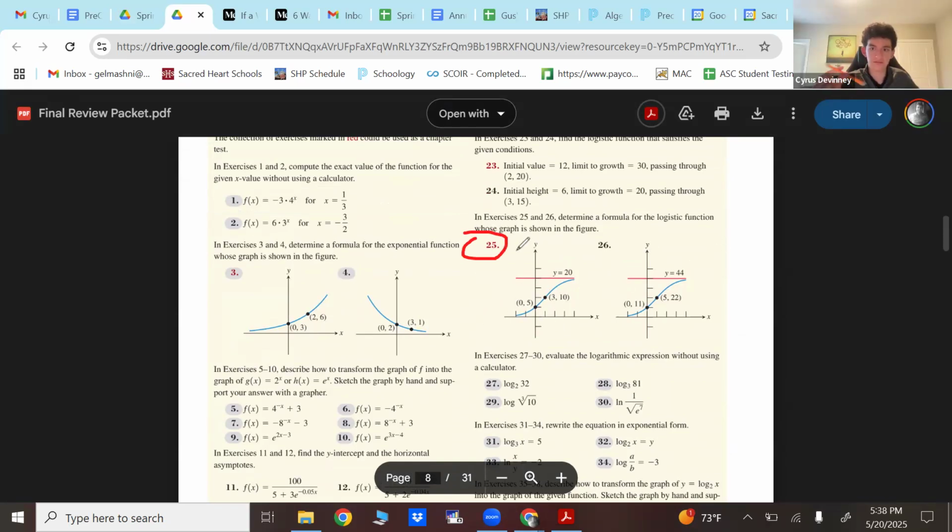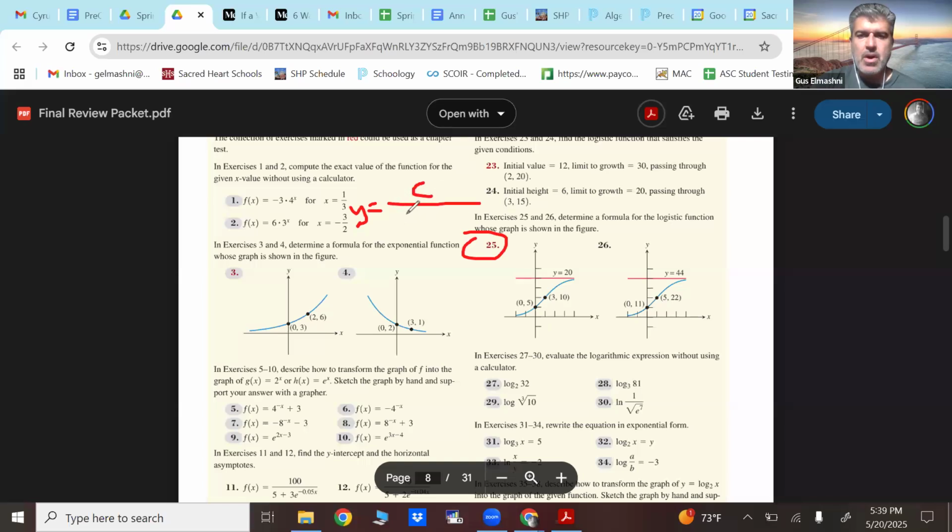Got it. Okay. So for 25, the way that that's going to be set up is y equals c over 1 plus b to the x power. Actually, let me make sure I have that correct.